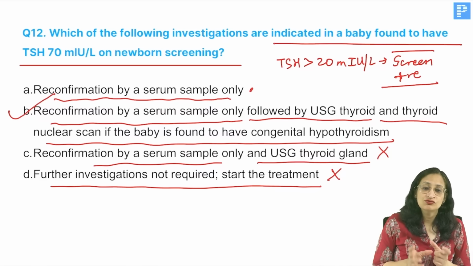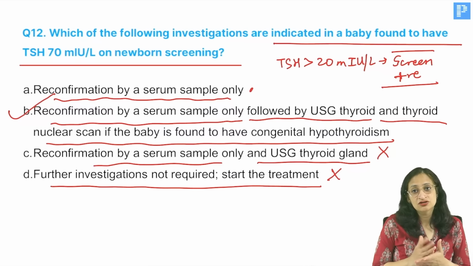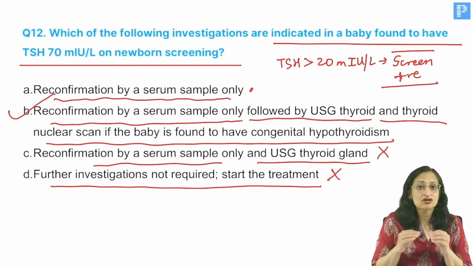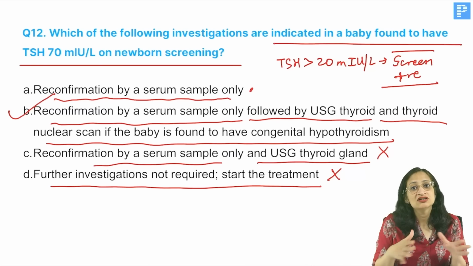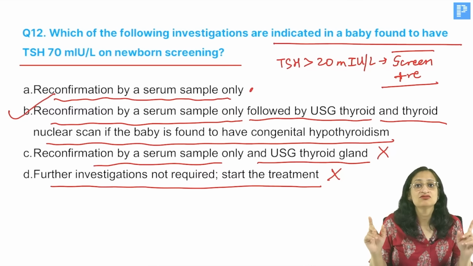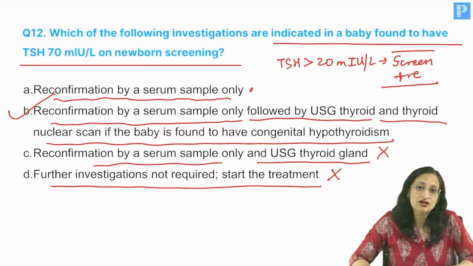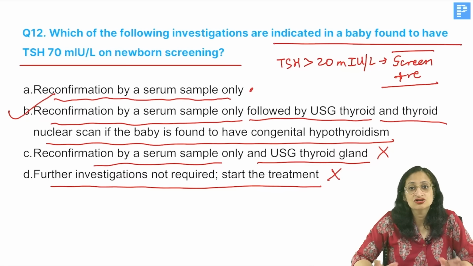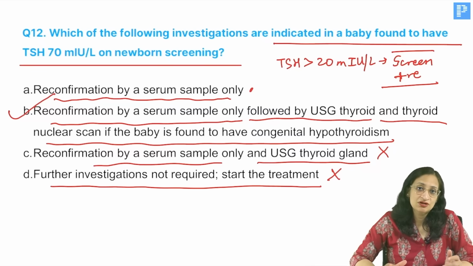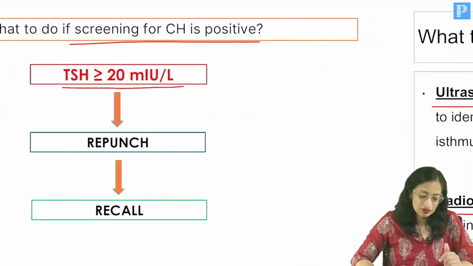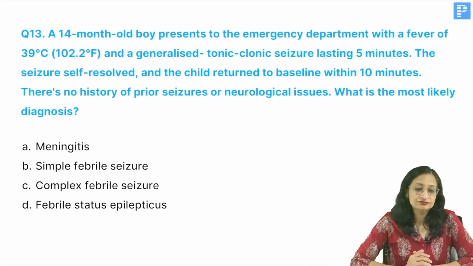So you must do further investigations to decide whether for this child we can give treatment for, say, the first 3 years and reassess if it is a transient cause, or if it is a cause like thyroid agenesis or dysgenesis, then lifelong treatment will be required. So further investigations are definitely required to know the etiology of congenital hypothyroidism and decide about the treatment plan, right? Till what age you need to give it. Okay. So B was our best answer.